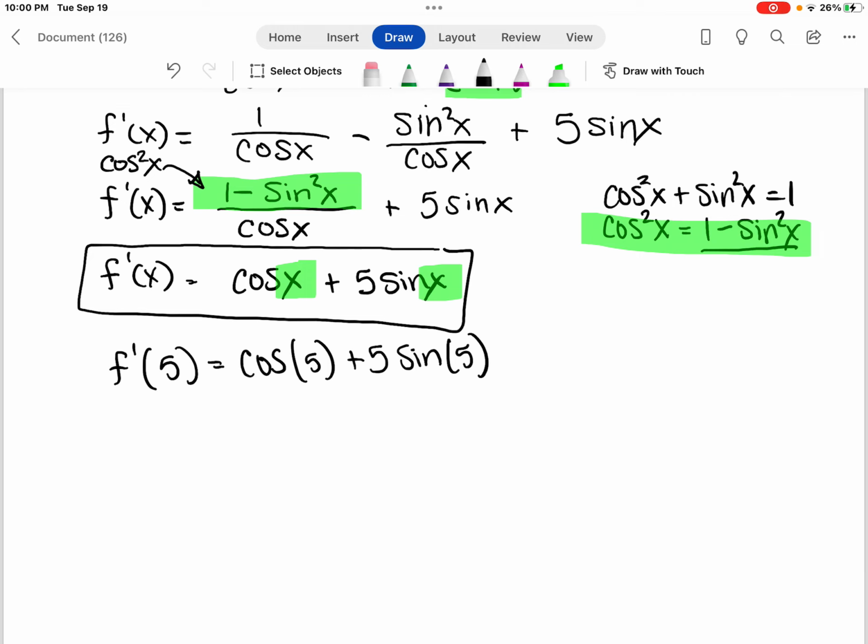Because that isn't 5 degrees, where it has a little degree symbol there, we're going to make the assumption that this is in radians. And when we round to 4 places where possible, as the directions state in this question, what we're going to get is negative 4.511.